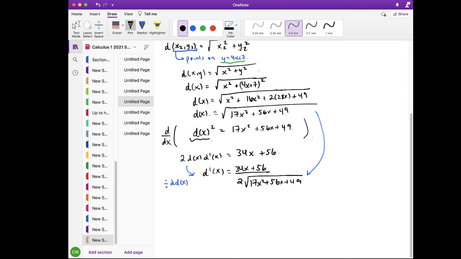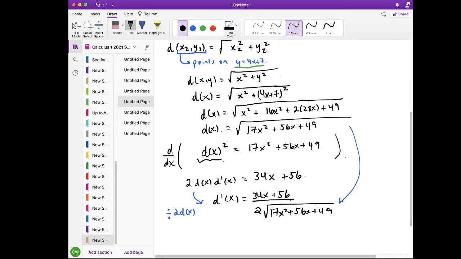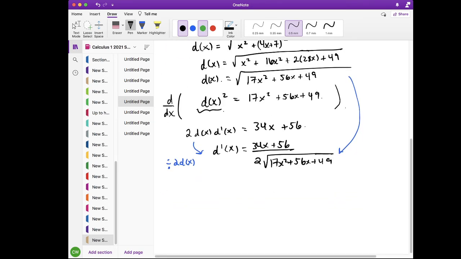Okay, so we're trying to set this equal to 0, right? For minimizing. So what is that?